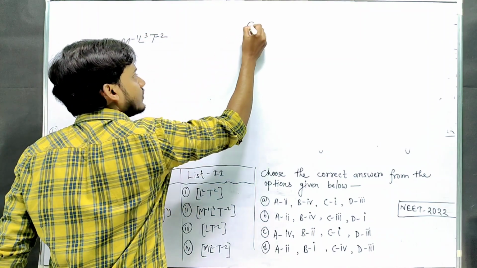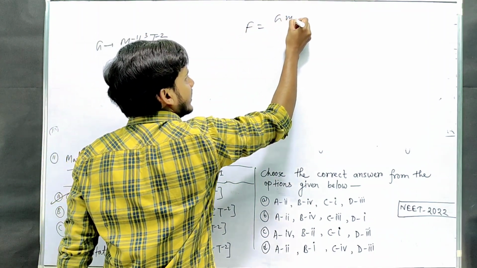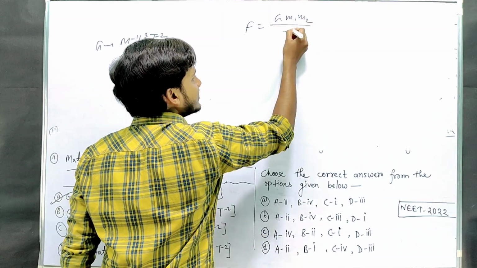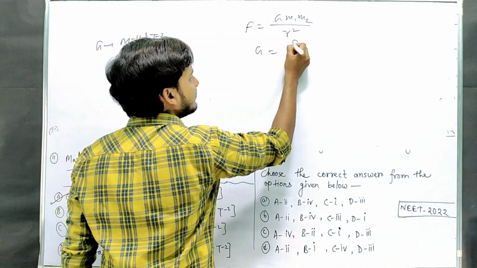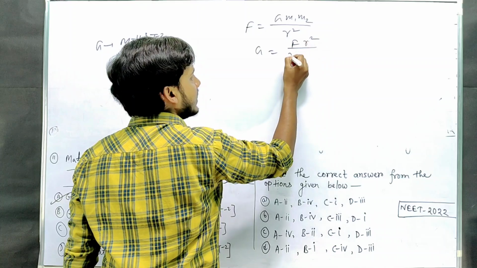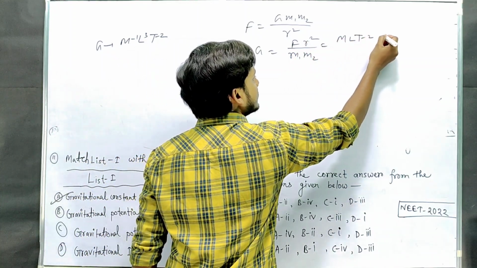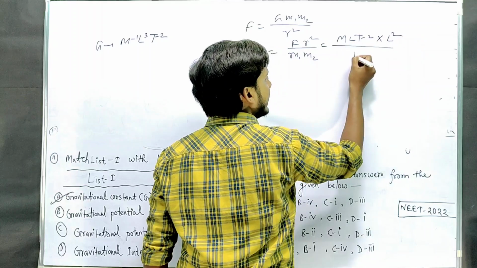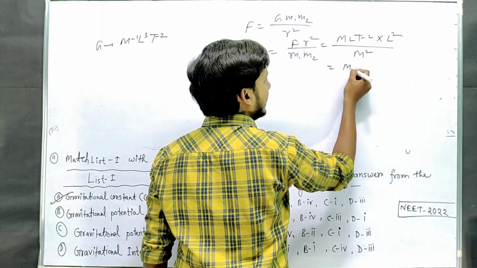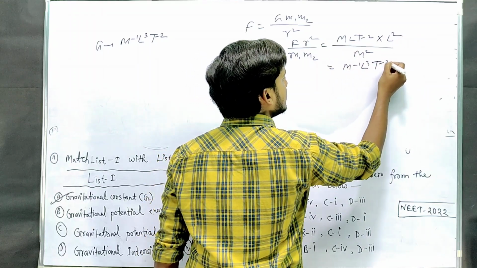How you can derive it from this? F equals G m1 m2 by r square. Yes or no? So G will be F r square by m1 m2, where F equals MLT inverse 2, r square is L square, by M square. So you can write M inverse L cube T inverse 2.